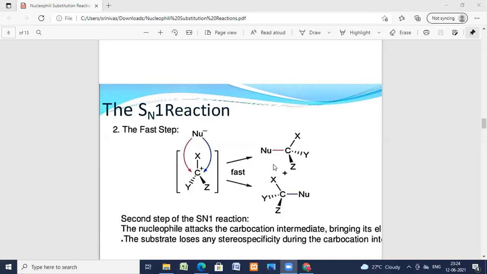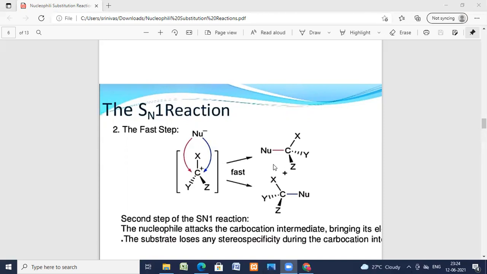Due to the planar structure of the carbocation, the nucleophile can attack it from either side. So if the alkyl halide is optically active, with the presence of a chiral carbon, it is expected to produce a racemic mixture which is optically inactive. So an optically active compound forms an optically inactive one.